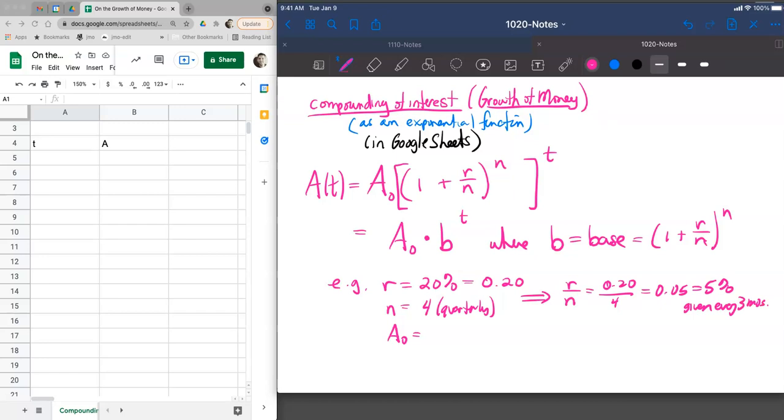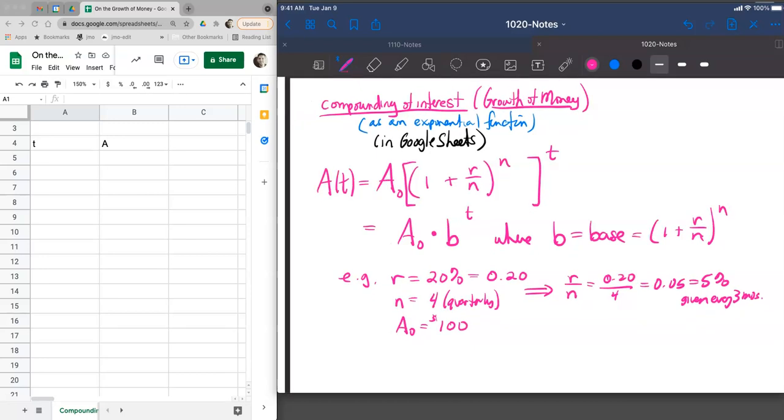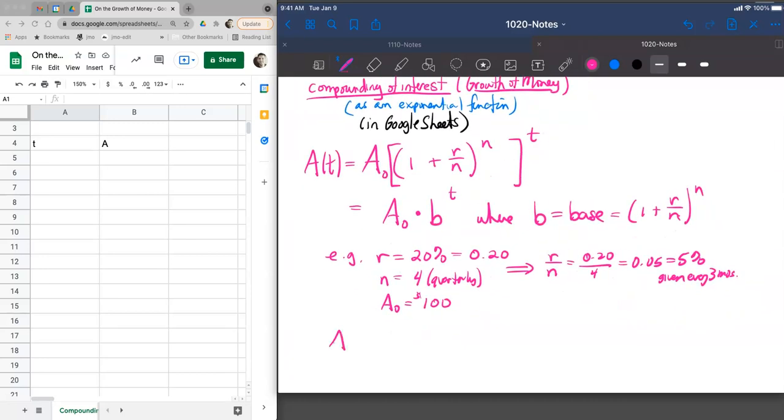Okay, let's assume that we've started with maybe $100 in the account, and then it's possible to write down the formula for the compound of interest problem, how much money you have in the account at any amount of time t, where t is going to be measured in years. So we'll have our $100 times 1 plus the 0.05.